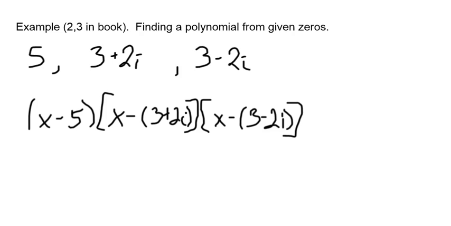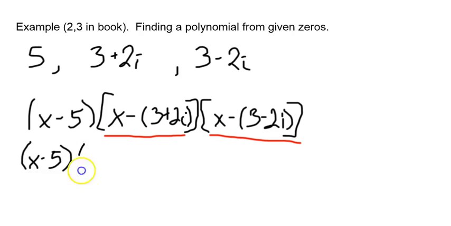a little more organized. Now what we're going to do is multiply all of these terms out. And the thing you should do is multiply your conjugate pairs out first, because if you multiply those out first, you're going to get some things that cancel, which makes it a little easier to work with. So, x minus 5. And before we do that, I'm going to simplify this.